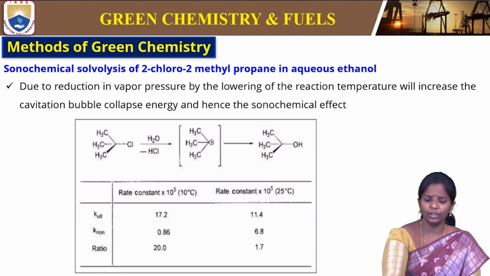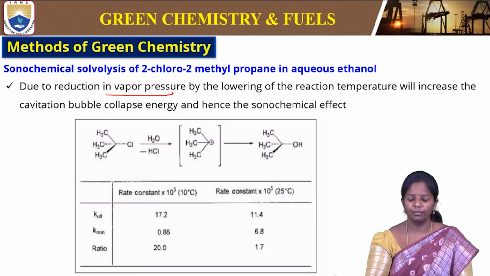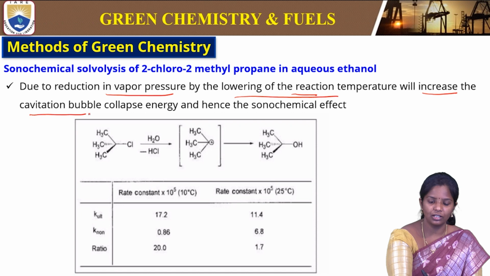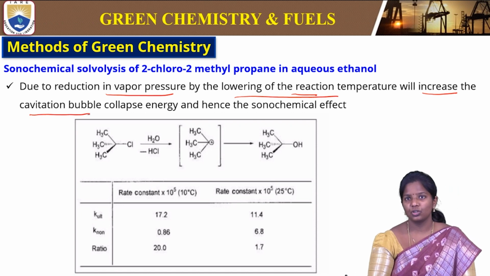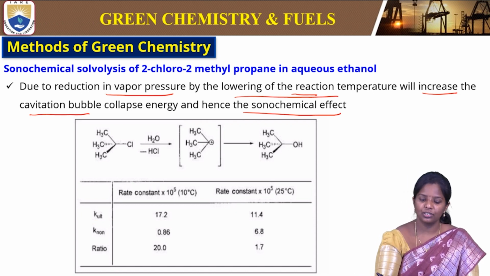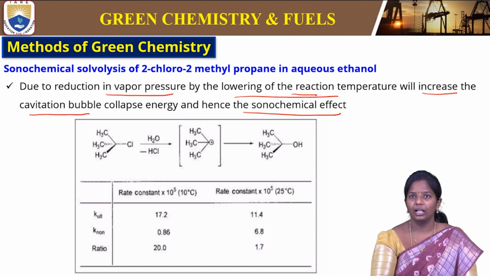Due to the reduction in vapor pressure by lowering the reaction temperature, the cavitation bubble collapse will increase. So this will produce energy, and hence the sonochemical effect. What happens when the vapor pressure is reduced for any liquid?